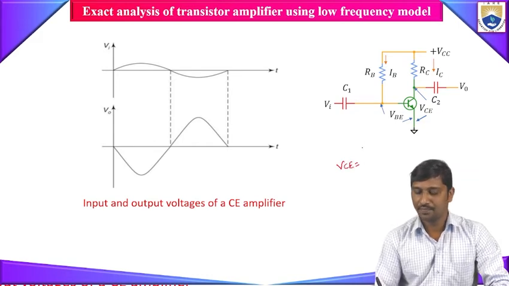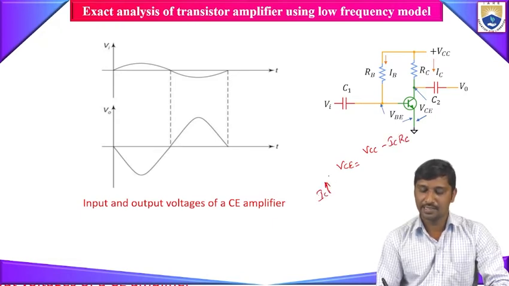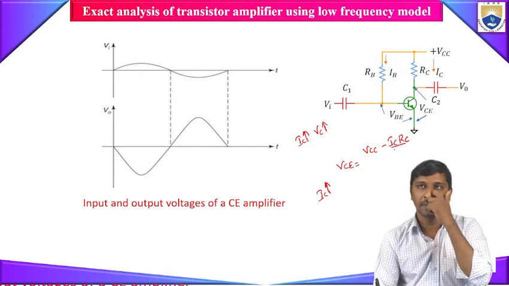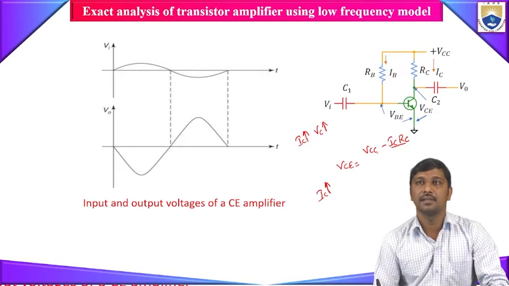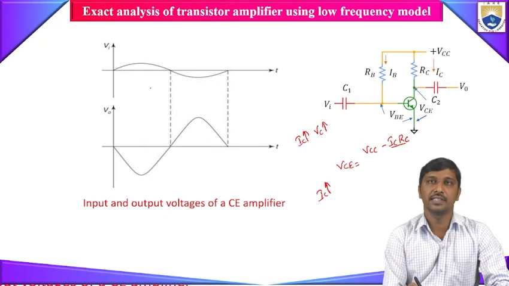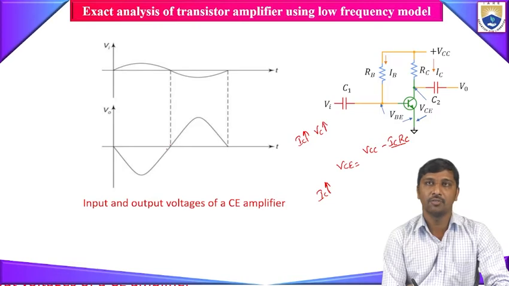Hence, from this relation, VC is equal to VCC minus IC times RC, meaning if IC increases, the voltage drop across the collector terminal also increases. Hence, this term increases, and the net total voltage becomes a negative magnitude. That is the reason the output voltage is 180 degrees phase shifted with respect to the input signal. Hence, the output voltage starts from the negative magnitude.